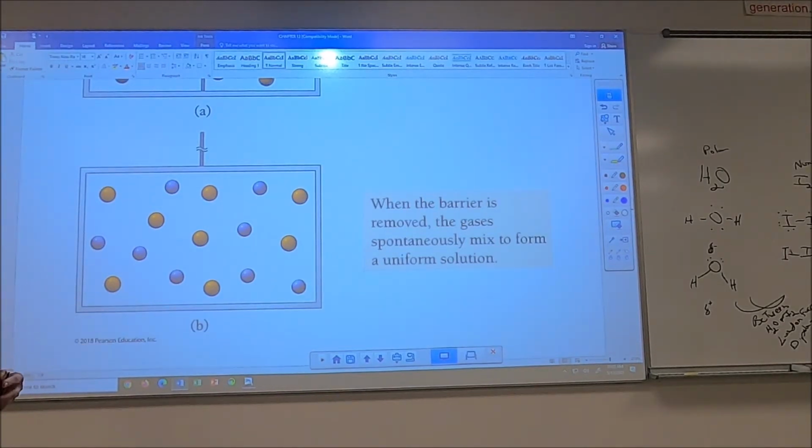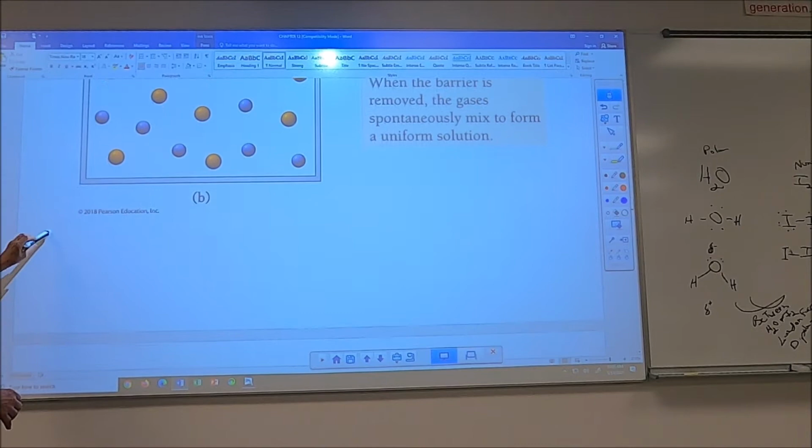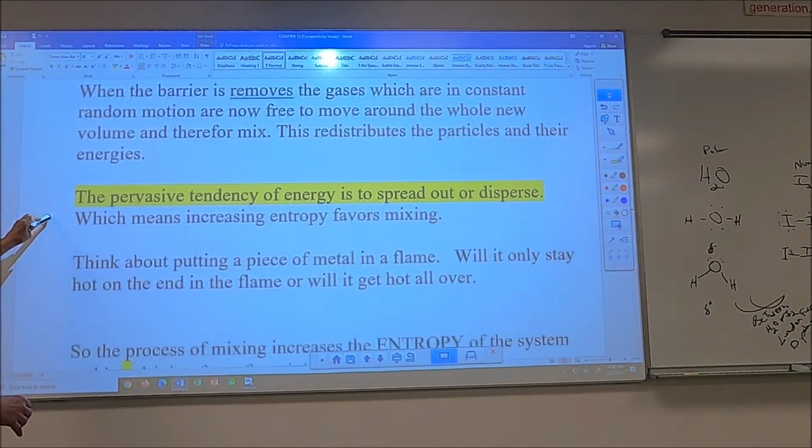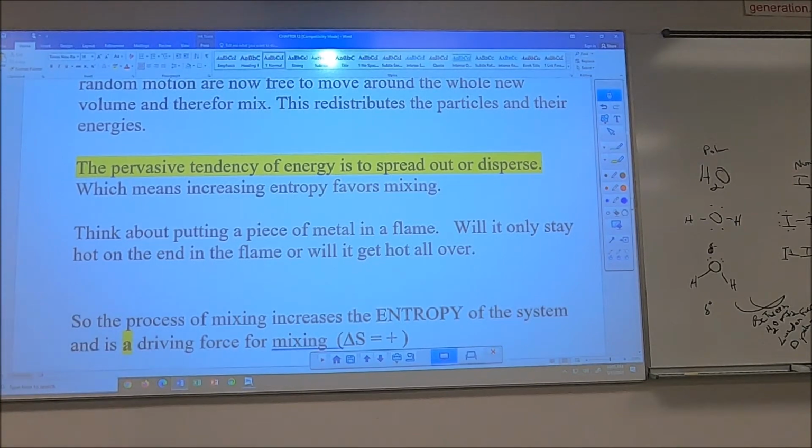Increasing entropy happens spontaneously, and you get to a uniform solution. What we can say is that there's a pervasive tendency of energy to be spread out or dispersed. There is a pervasive tendency for particles to mix and intersperse.